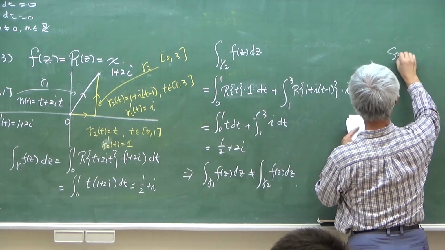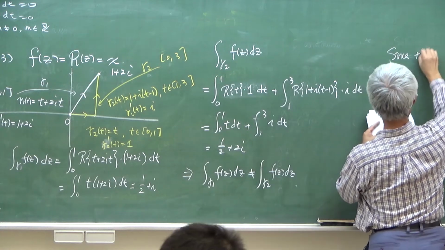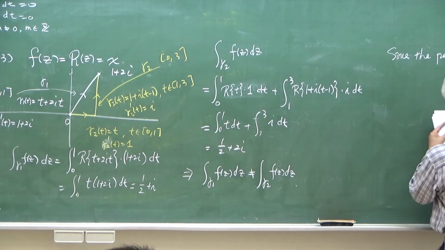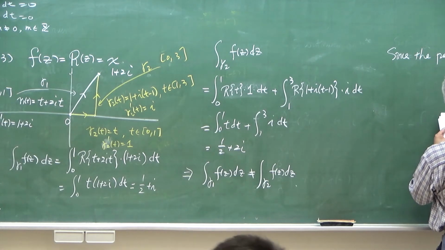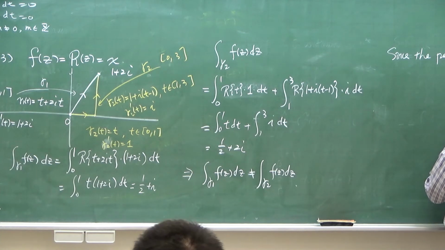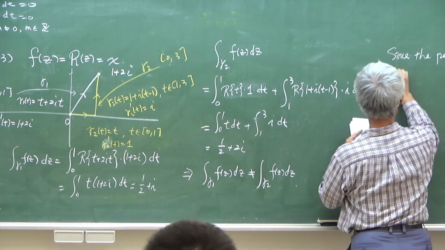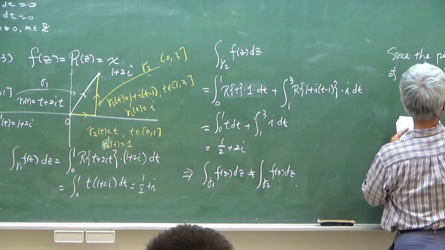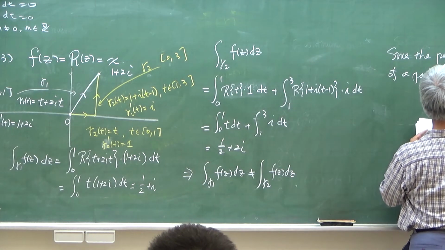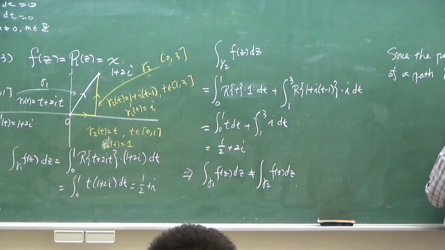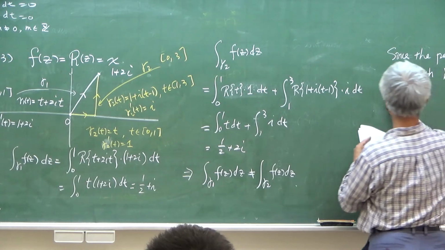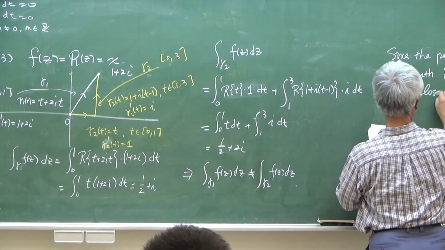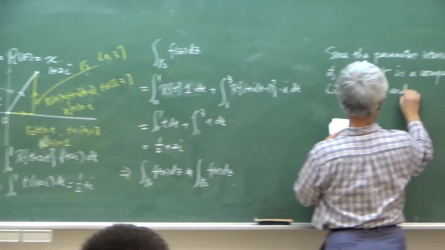Now, the parameter interval [alpha, beta] of a path gamma is a compact set. Compact means closed and bounded.